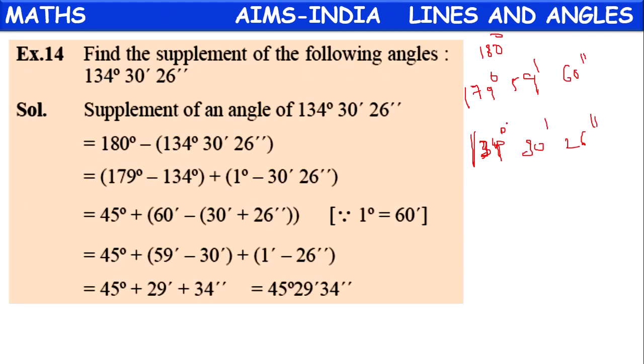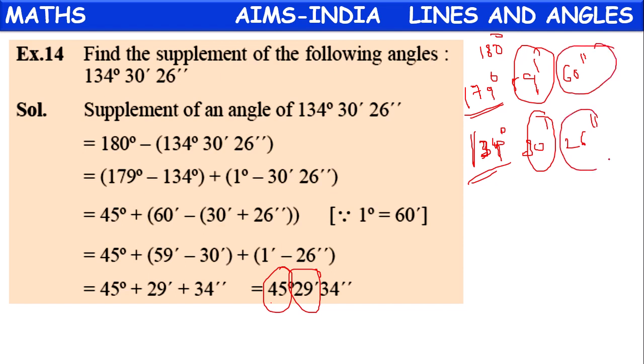From 179, if we remove 134, it means 45 degrees. From 59 minutes, if we remove 30 minutes, it means 29 minutes. From 60 seconds, if you remove 26 seconds, it will be 34 seconds. Like that, you can also do it directly.